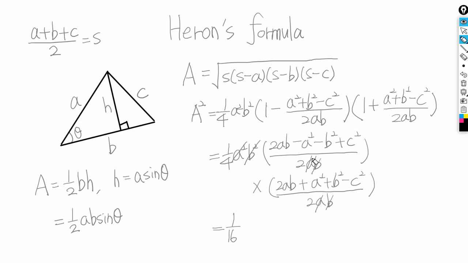And we can use a perfect square in each parenthesis. If we do that, the first parenthesis is c squared minus (a minus b) perfect squared. And the second parenthesis becomes (a plus b) squared minus c squared.